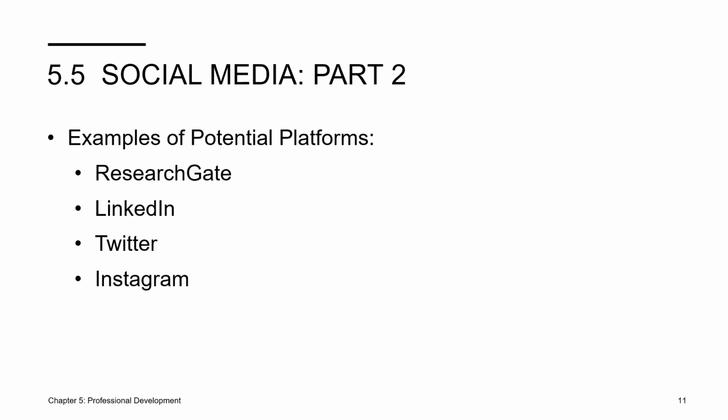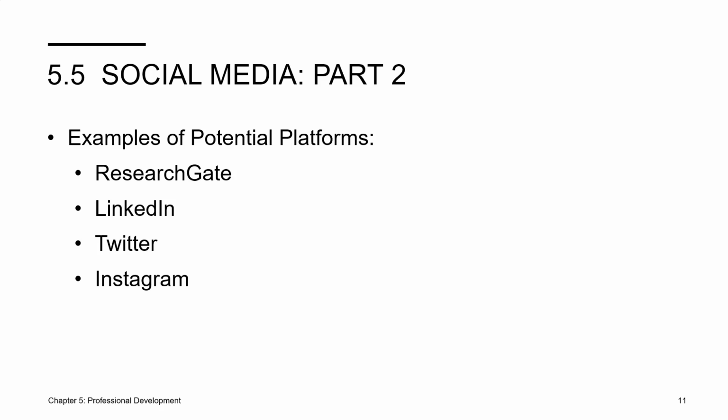Some examples of potential platforms, particularly used in public health, would be ResearchGate. This is very specific to scientists, and it's where you would post your research studies. LinkedIn is professionally oriented, and many of you may be on it already.